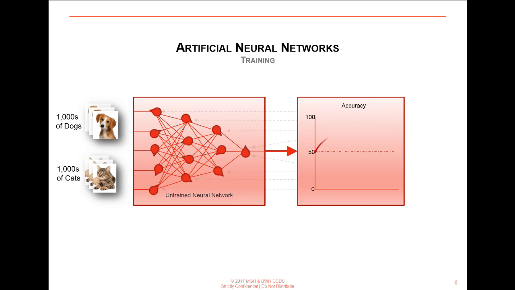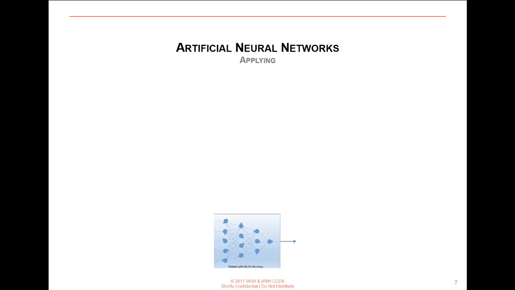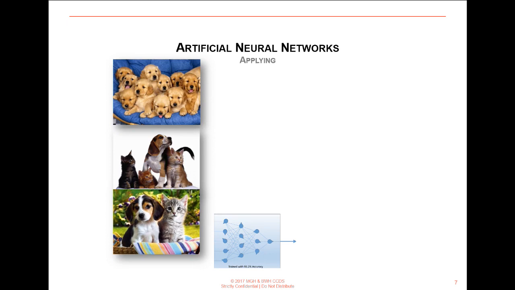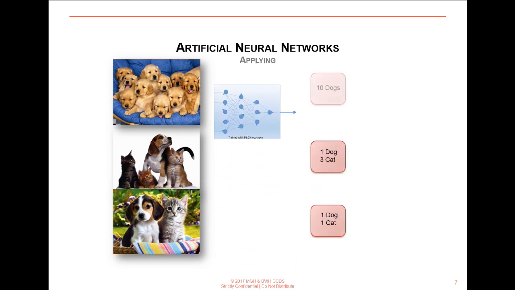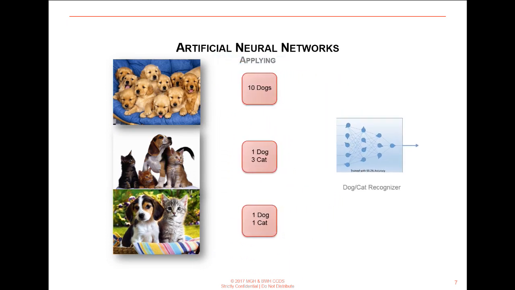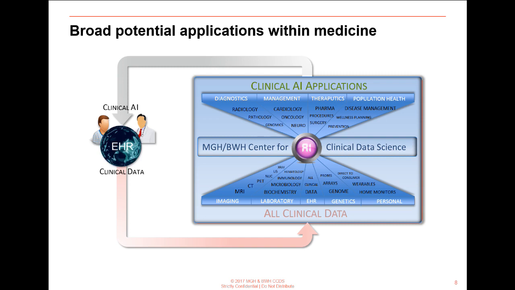And the weights between these connections of neurons will adjust until you get an ideal accuracy. You can then take that model with the embedded weightings and adjustments between the neurons, and you can now give it de novo data so that it can perform the classification tasks on its own. So that's really the power behind this technology.